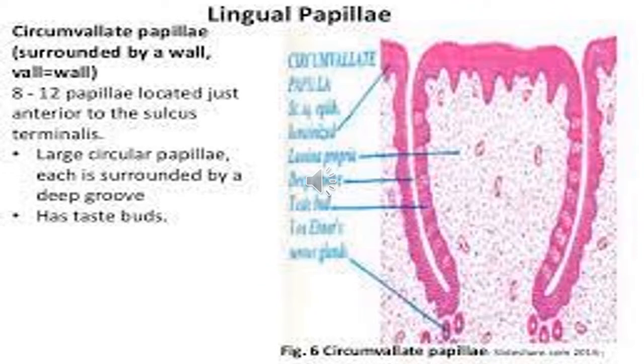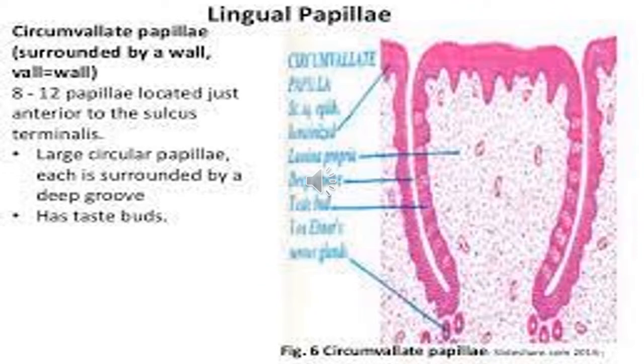Then the difference comes in their location. Filiform papilla are distributed over most of the entire dorsal surface of the tongue, that is the anterior two-thirds of the tongue. While the fungiform papilla, which are mushroom shaped, are abundant in the region close to the tip of the tongue.